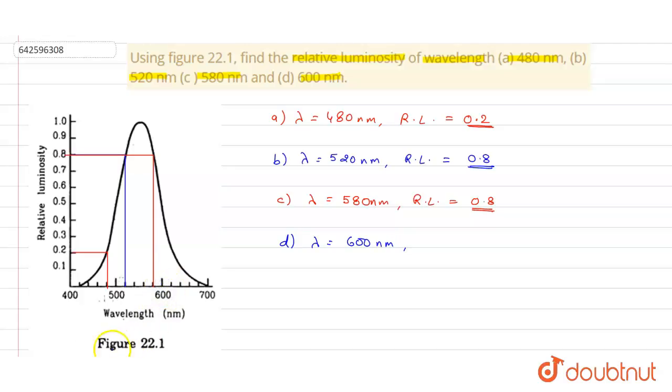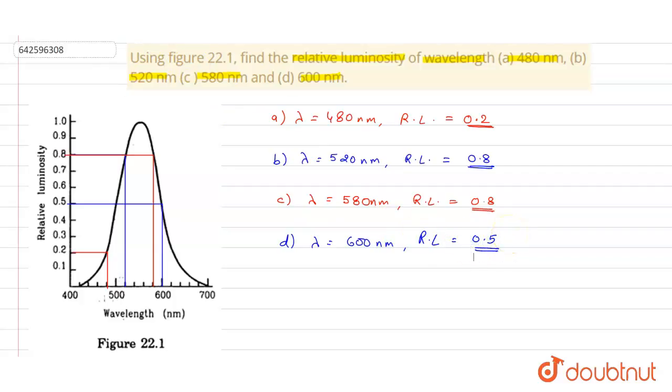So when we draw the figure for 600, for 600 the value is 0.5. So relative luminosity is 0.5.